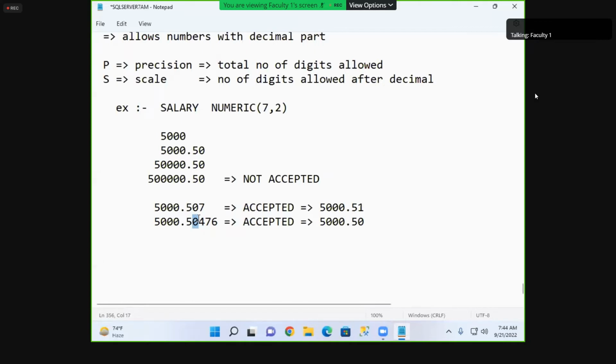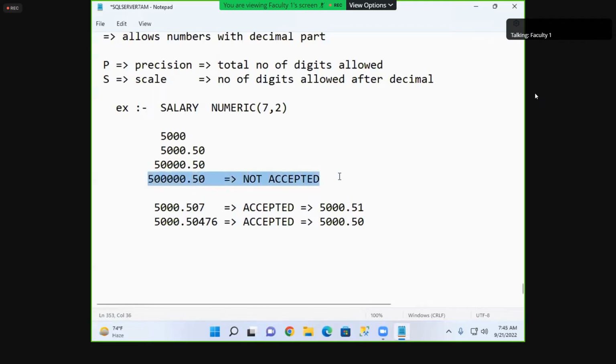Got it? Okay? Simple. See here, before decimal how many allowed? 5. But before decimal contains how many? 6.